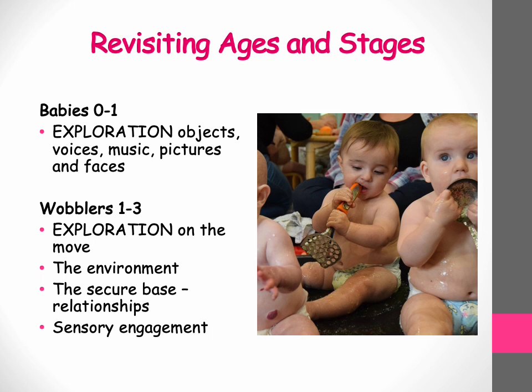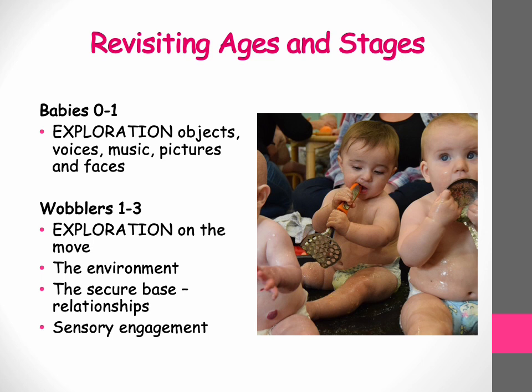Revisiting our ages and stages, we have here the babies, 0 to 1. We've got our exploration, so looking at objects, voices, music, pictures, faces. And we've got our little wobblers, 1 to 3. So that's about really exploring, they're getting on the move. They really want to know their environment, touching, chasing.